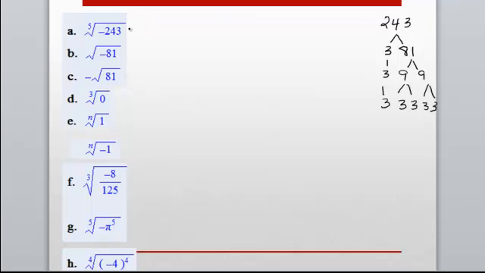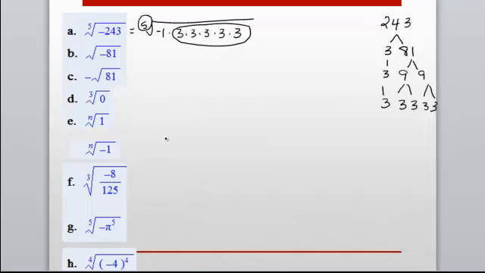So it looks like what we have is the 5th root of negative 1 times 3 times itself 5 times. But remember, your index tells you how many have to be in a group to escape. So all 5 of these will be escaping together.